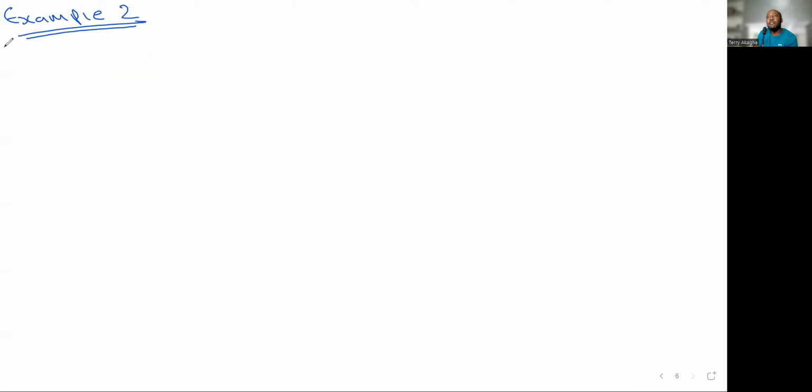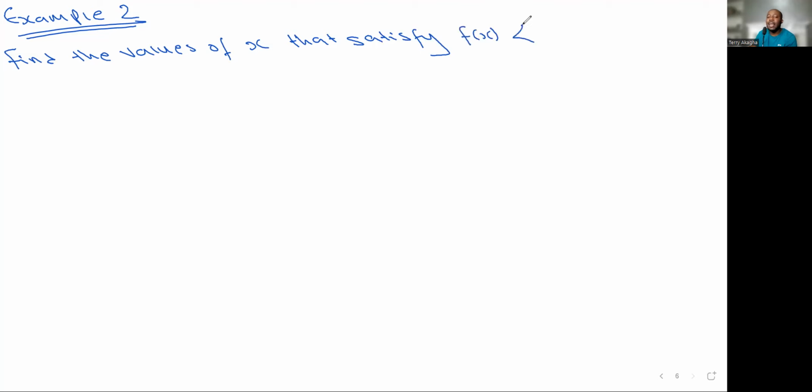We're told to find the values of x that satisfy f of x less than or equal to 0, where f of x is equal to x squared minus 7x plus 10.